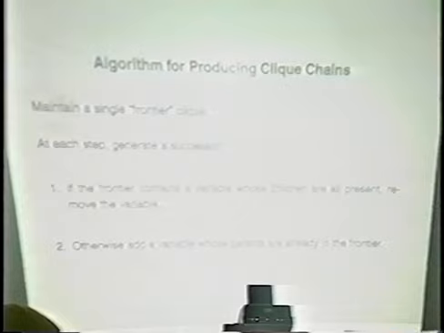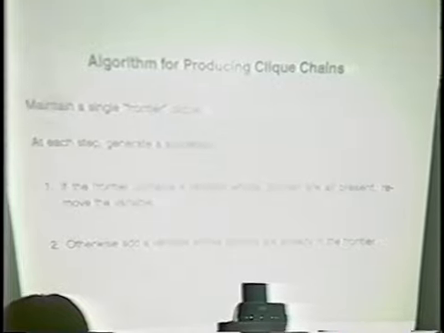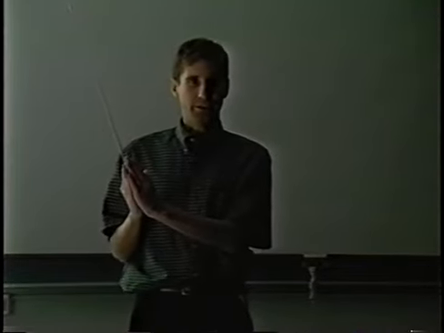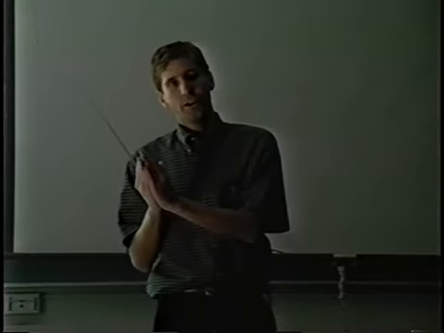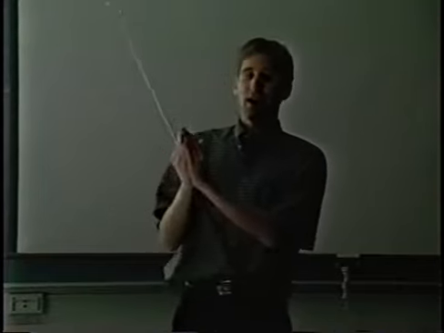And the way you do that is you look at the frontier clique, and you say, are there any variables in it whose children have all been added, whose children are all present in the clique? And if the answer is yes, you throw it away, and that gets you your new clique. If the answer is no, you go off and you find a variable that either has no parents or whose parents are in the frontier, and you add that in.